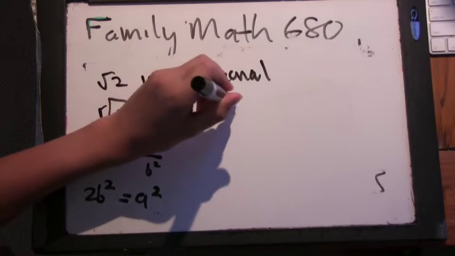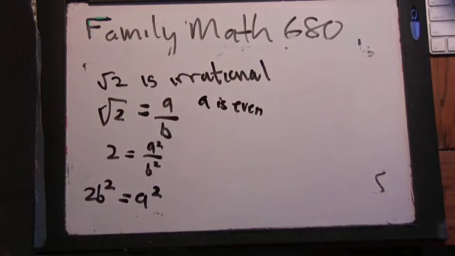A is even. Okay, we know A is even because this side is even, and this side then, since they're equal, has to be even. Even numbers squared are even, odd numbers squared are odd. So we know A has to be even, okay? So that means b should be odd, otherwise you could simplify it further. Right, so if A is even, B has to be odd.